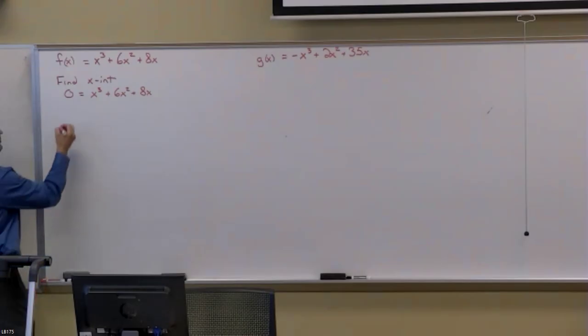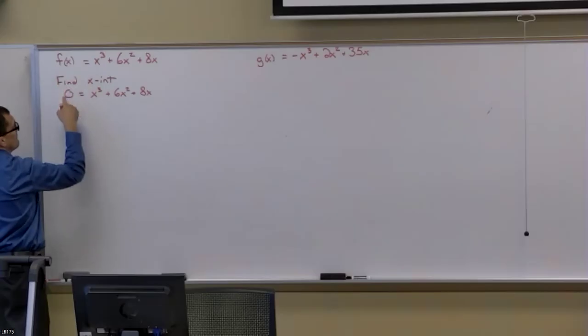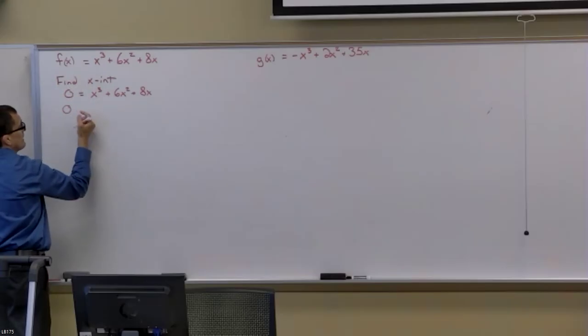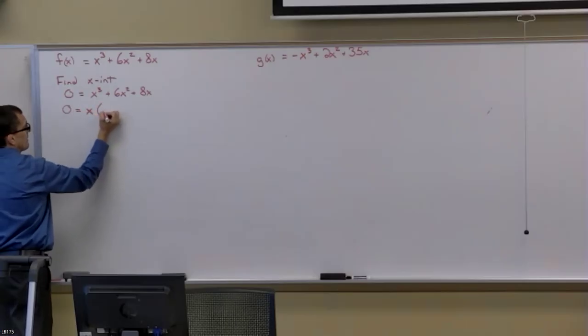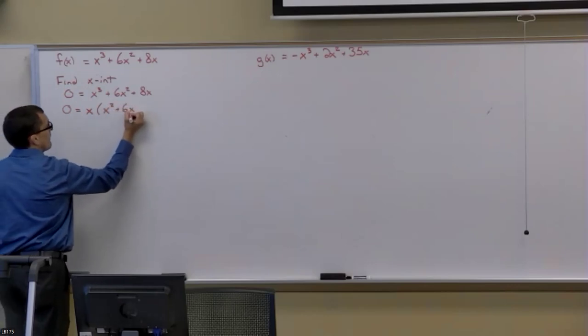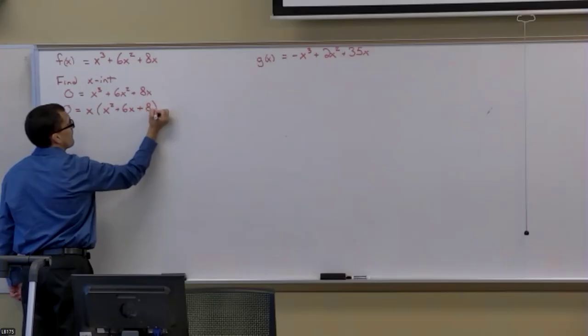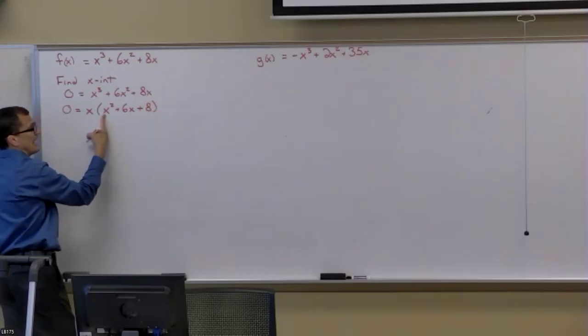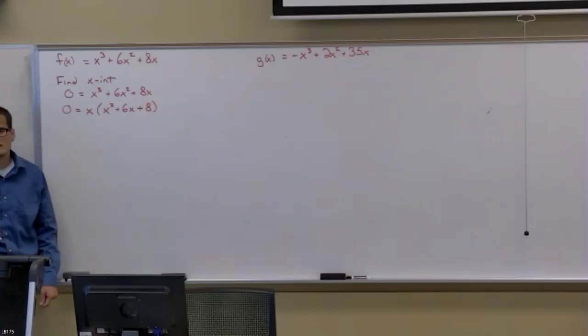So after I've set f of x equal to 0, if I'm trying to solve this equation for x, I can factor out the greatest common factor of x. And that'll leave me a quadratic polynomial in the parentheses.